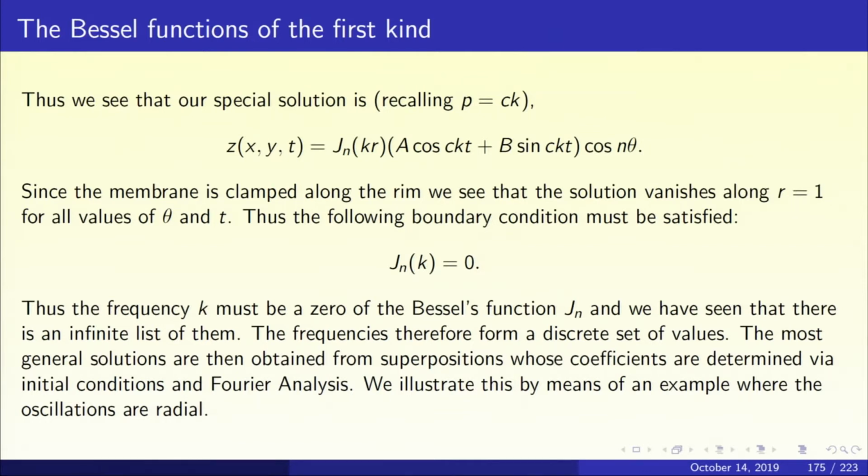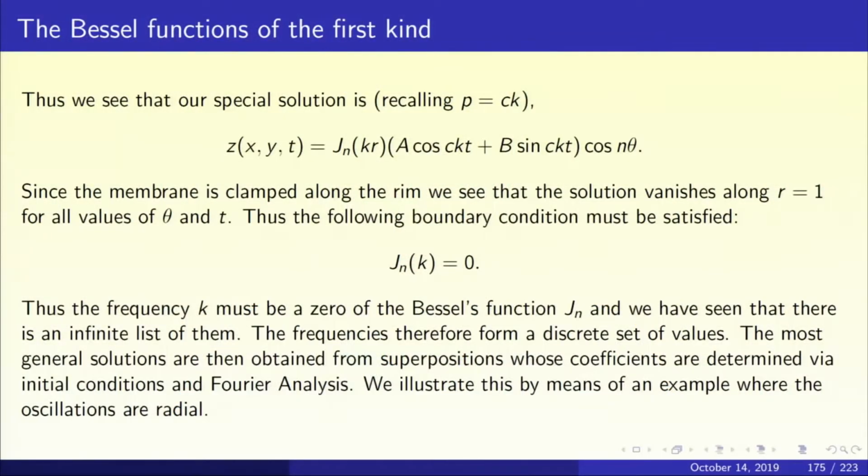Since the membrane is clamped along the rim, we see that the solution must be 0 when r equal to 1 along the rim of the percussion instrument, that is, the rim doesn't undergo any displacement, it is always fixed. So, the function must vanish when r equal to 1. So, when r equal to 1, which term must vanish? It is the J n term, namely J n of k must be 0.